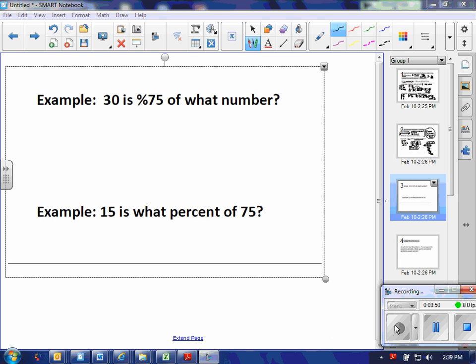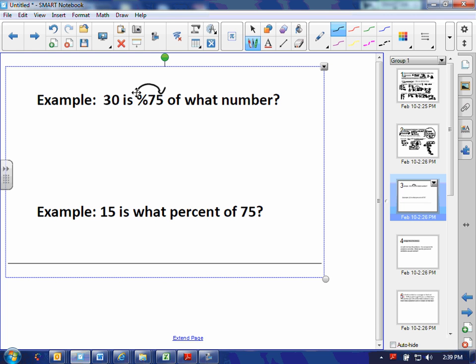Let's try another one. 30 is 75% of what number? This should be over here. So let's find our is, our percent, and our of. We obviously know that we have 75%. It says 30 is a percentage or a portion, so is a portion, that is 30, and then we don't know our total amount.